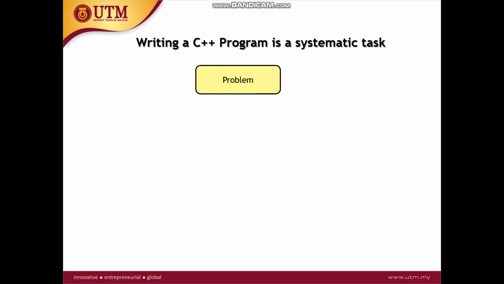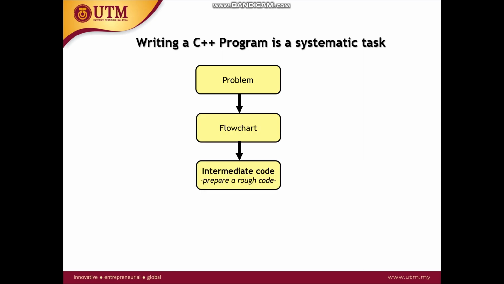Now at the very beginning you are having a problem, and you are going to design a flowchart for this problem. After that you are going to implement an intermediate code, that is a rough code, that is not a complete code. Your program doesn't work if you have only the intermediate code.